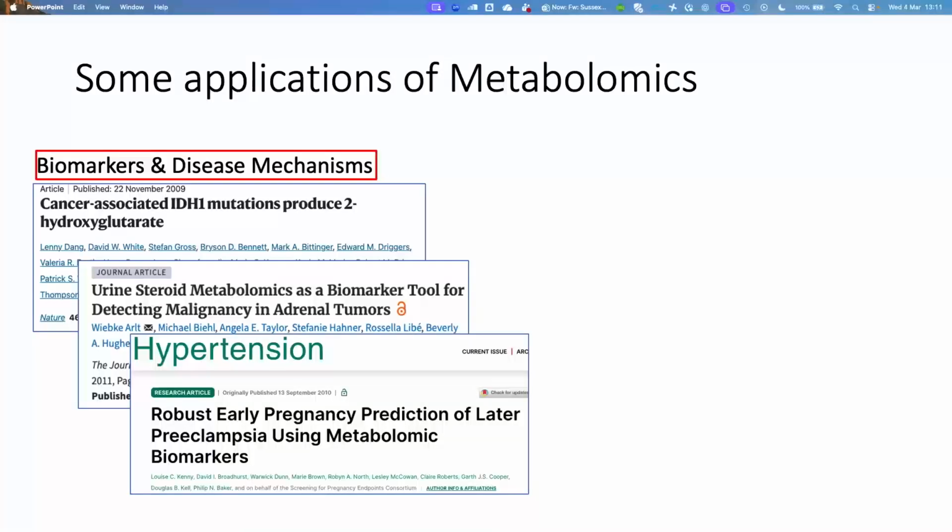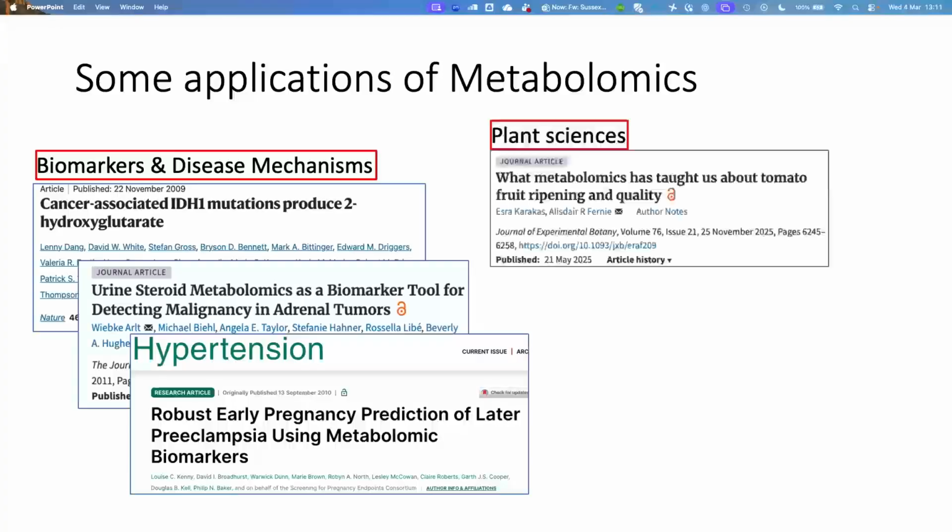And there's a big focus of research on cardiovascular diseases, because the cardiovascular system requires a huge amount of energy to be generated, and the metabolites are involved in that. So producing biomarkers of disease potentially for clinical tests is one application of metabolomics, but there are plenty more.